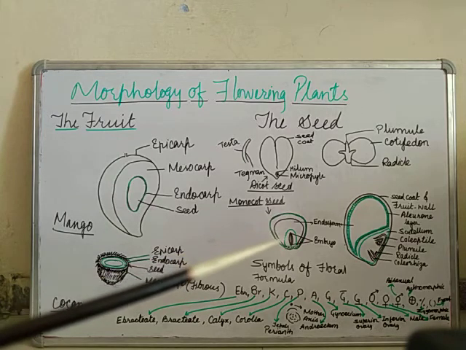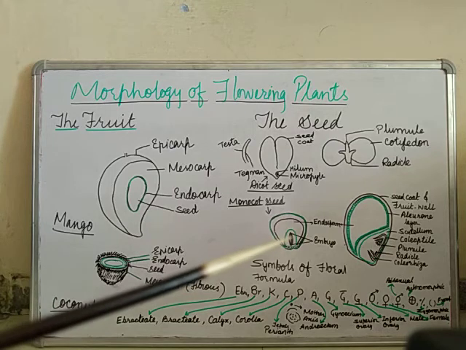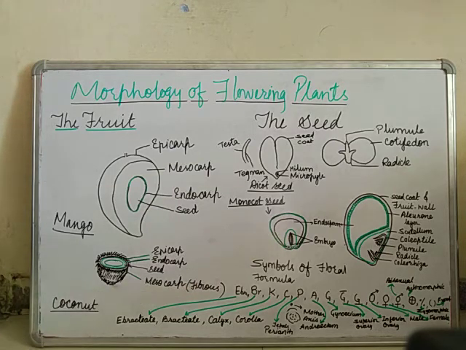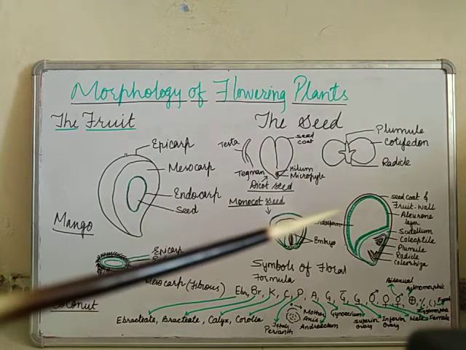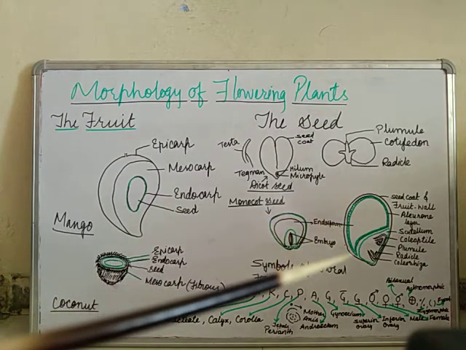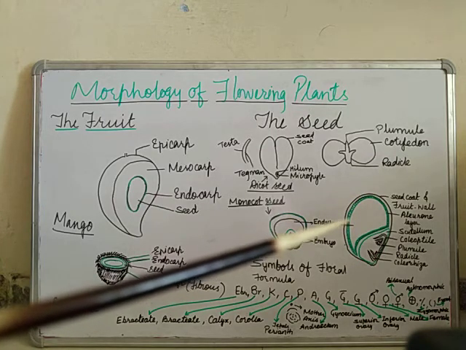In the case of the maize seed also you find the endosperm, and there is an embryo. Now when you see the monocot in longitudinal section, you find the seed coat outside, and there is a proteinaceous layer that is made up of the aleurone.